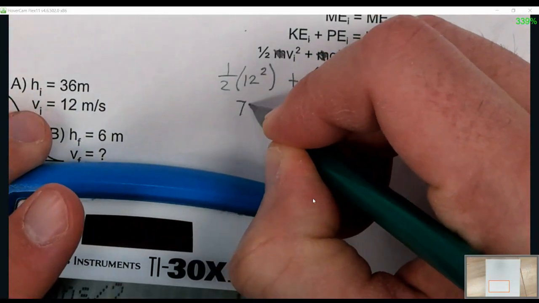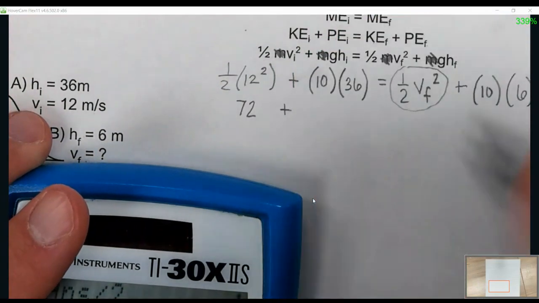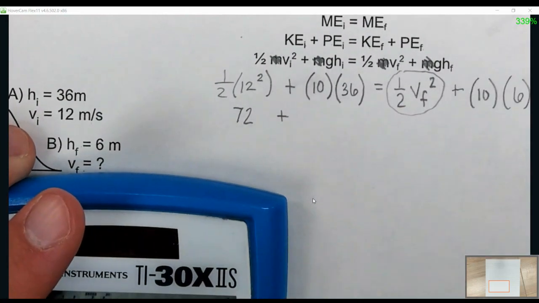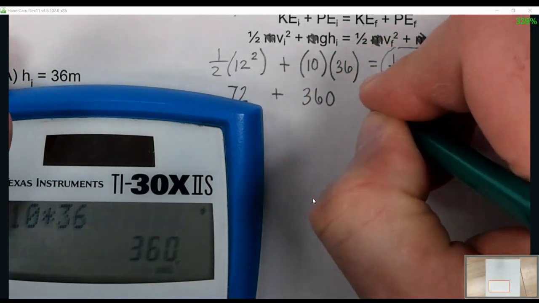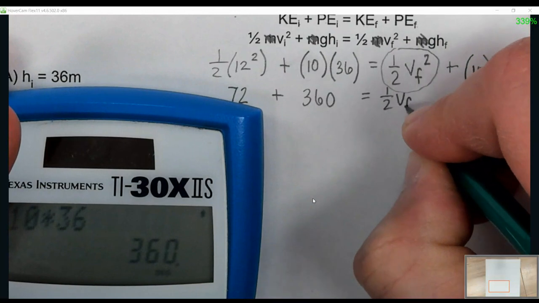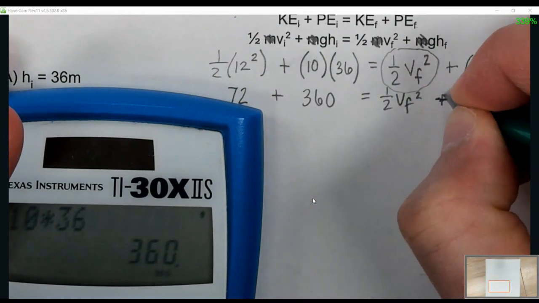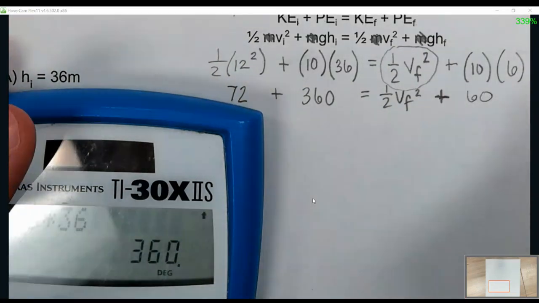So this comes out to be 72, plus 10 times 36, 360, equals, again, I'm keeping this 1/2 VF squared together until the very end. Bring down the plus sign. 10 times 6 is 60.